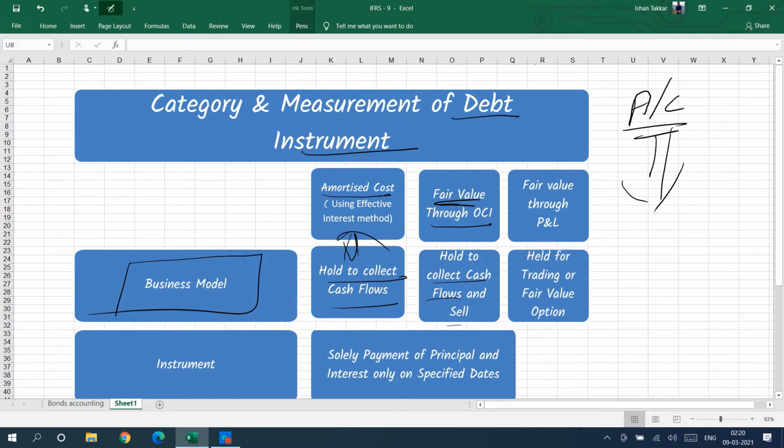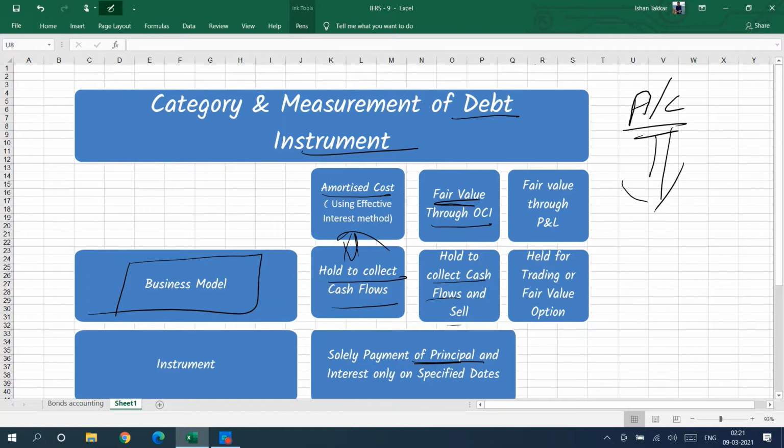And here also, the instrument in which you are investing is one where the payments are just of principal and interest. You will be getting back your principal and interest, a simple lending arrangement. That's the word, simple lending arrangement. And so interest is not to be related to any kind of derivative, or any other option attached to it.